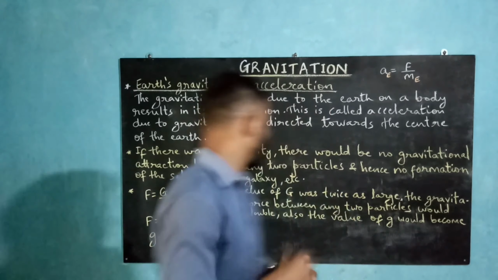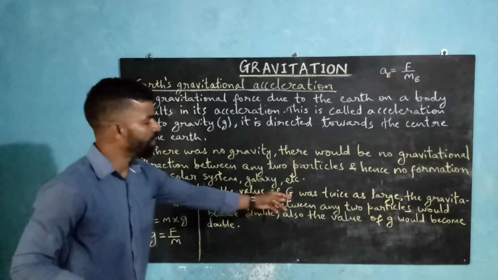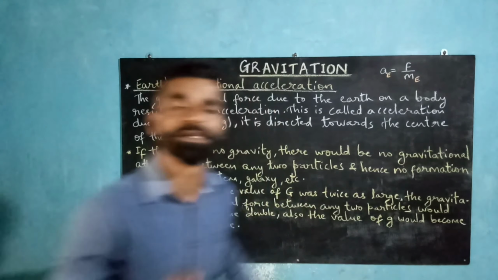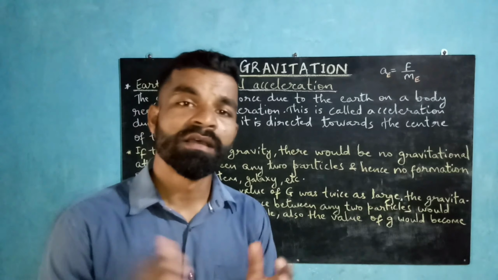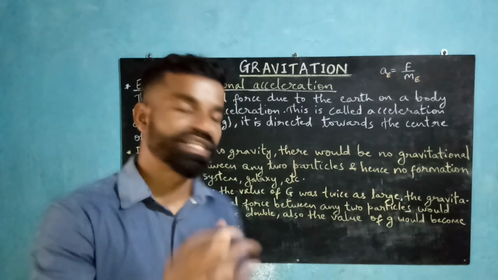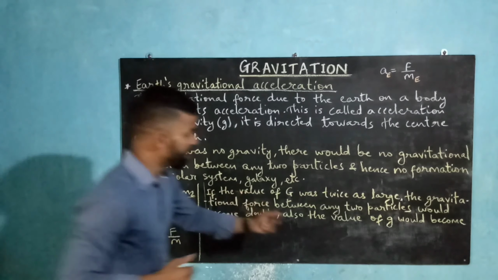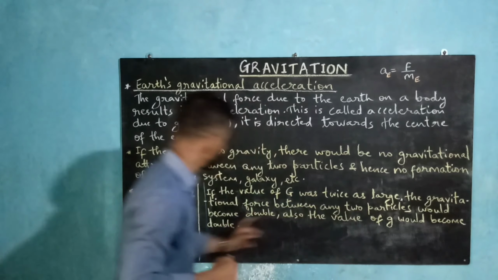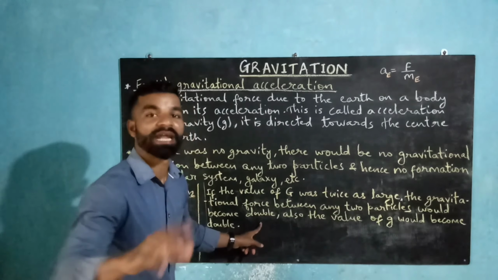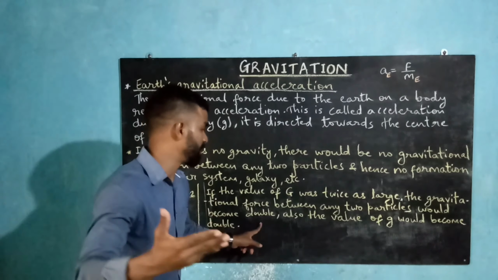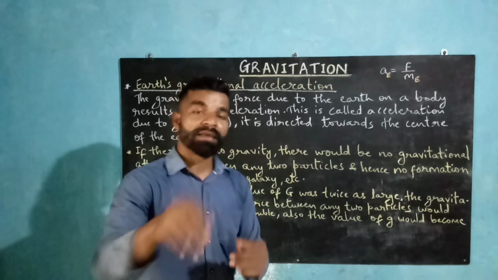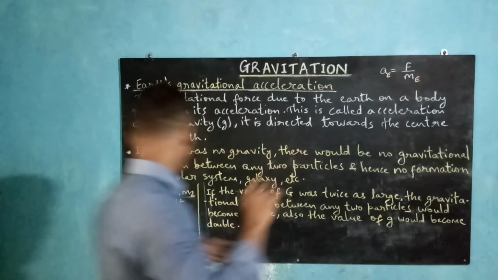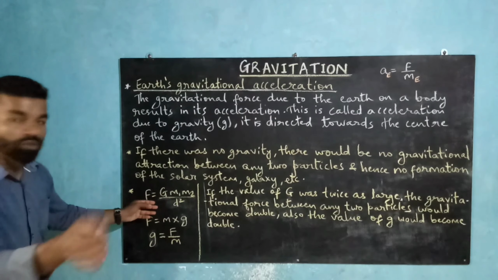So next question, if the value of capital G, which is the universal gravitational constant, is doubled, then what will happen to the gravitational force or the acceleration due to gravity? If it is doubled, then the gravitational force between any two particles will become double, and hence the small g, which is acceleration due to gravity, will also be double. We are getting it through this formula.